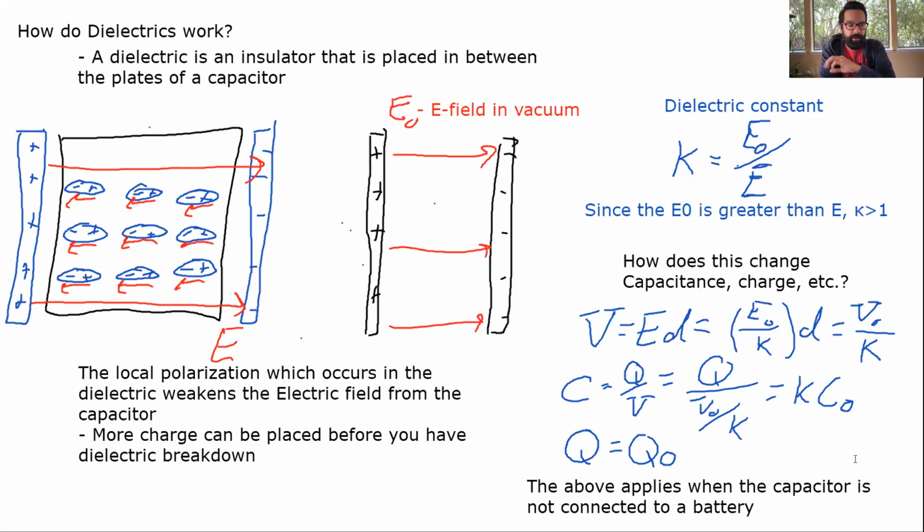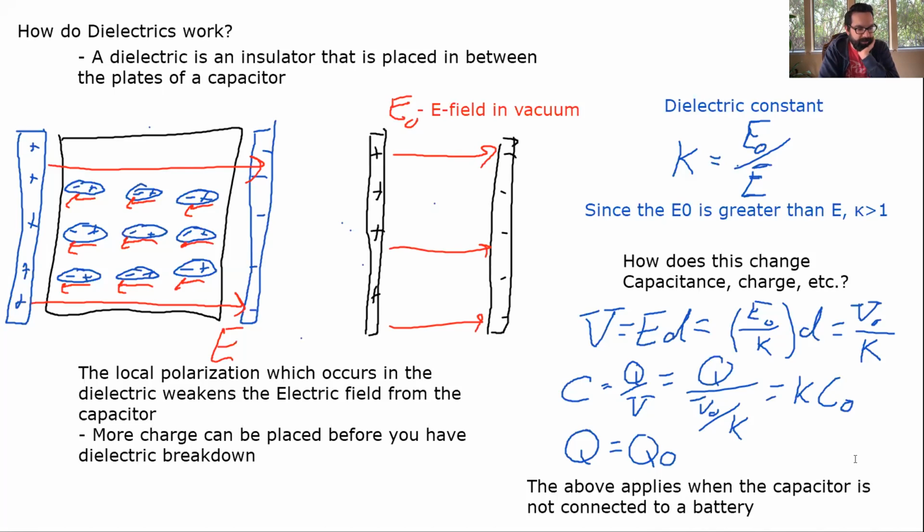All right, so I'm going to look at a separate case here when we have a battery. If I connect a battery and I do the same thing, I insert a dielectric into a capacitor, these things change a little bit. So we're going to go over what happens in that situation.